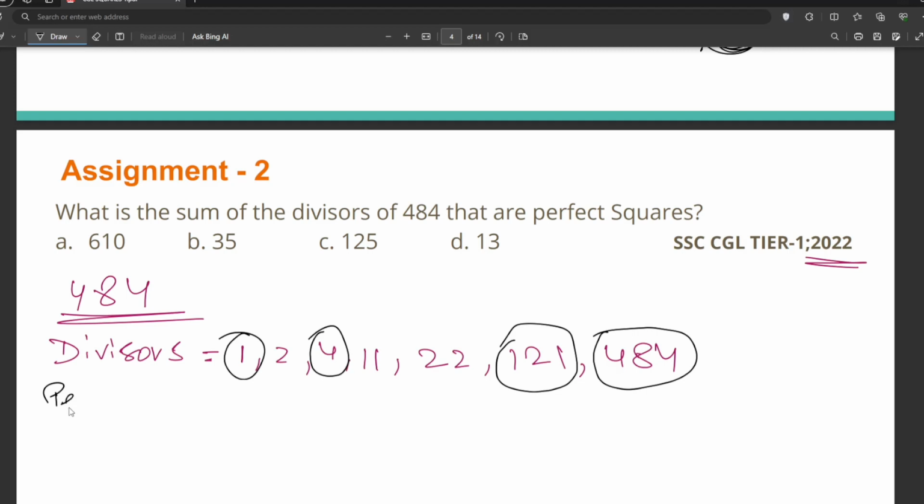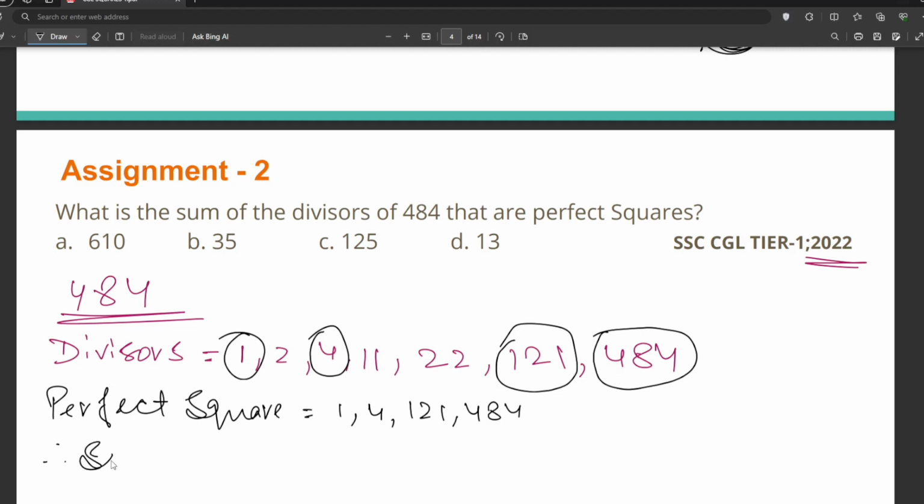Perfect squares from here we get 1, 4, 121, 484.